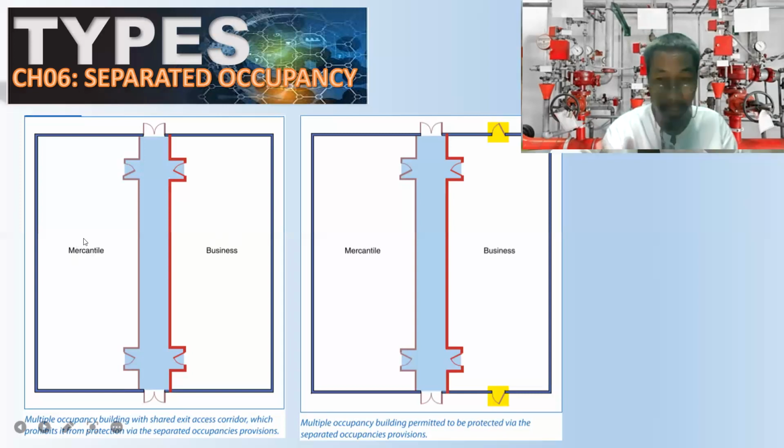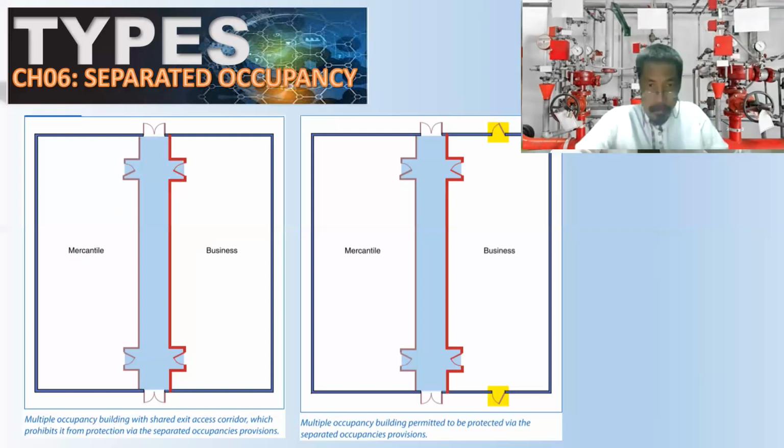So we have separate procedures and safety protocols that have to be followed by this group, the occupants in this group, because this group is not near the fire occurrence.